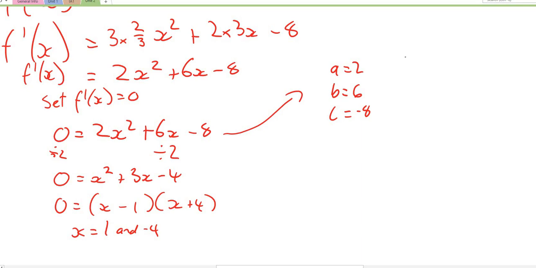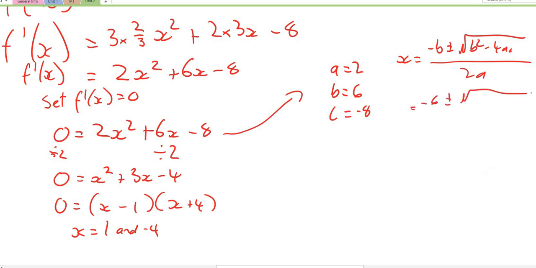But let's do this. So x equals -b plus or minus the square root of b squared minus 4ac over 2a. Negative b is -6 plus or minus the square root of 6 squared minus 4 times 2 times -8, over 2 times 2.